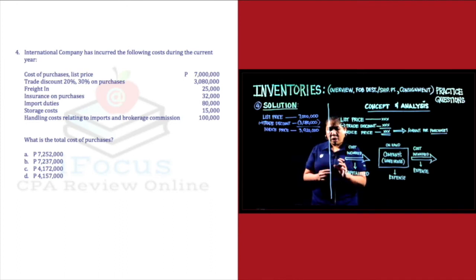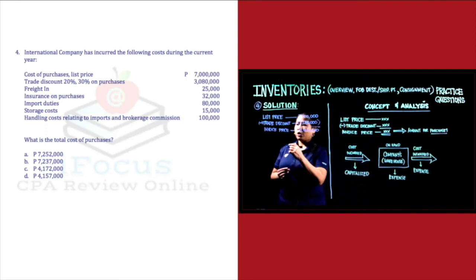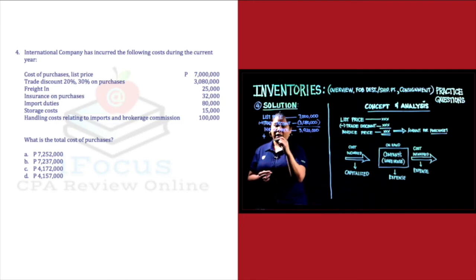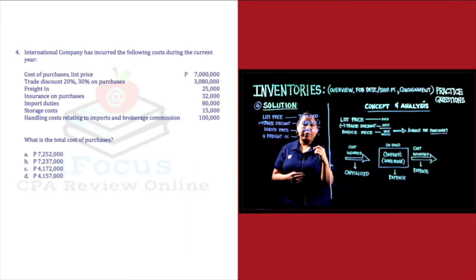But aside from that, meron pa tayong ika-capitalize na mga costs na na-incur natin in bringing these goods to the company's warehouse. Alright? Freight in, ika-capitalize po natin yan. So, we will add freight in amounting to 25,000. Another item is insurance on purchases.